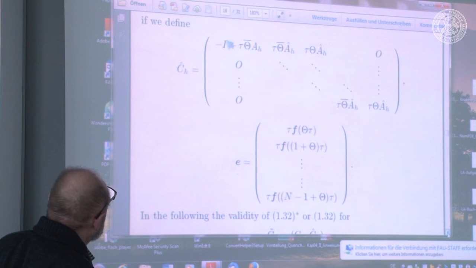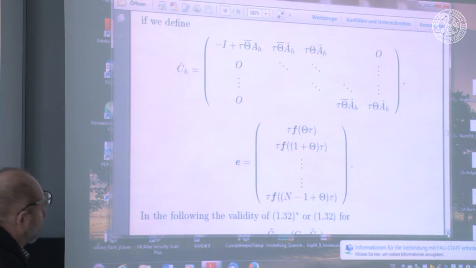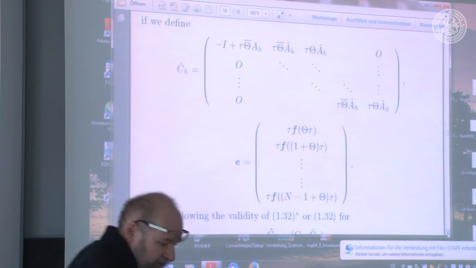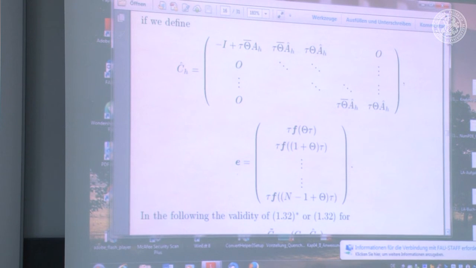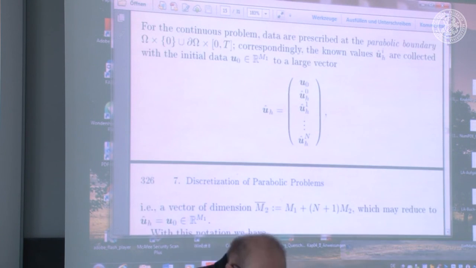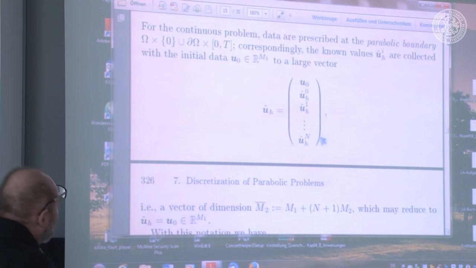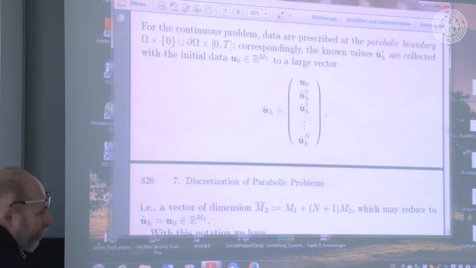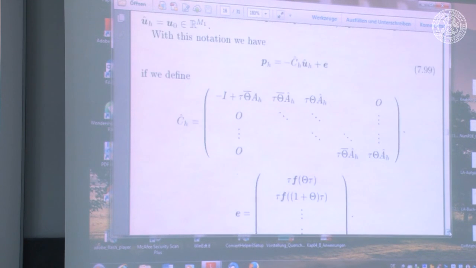So the initial data are part of our given data, but of course they act only at the first time level.